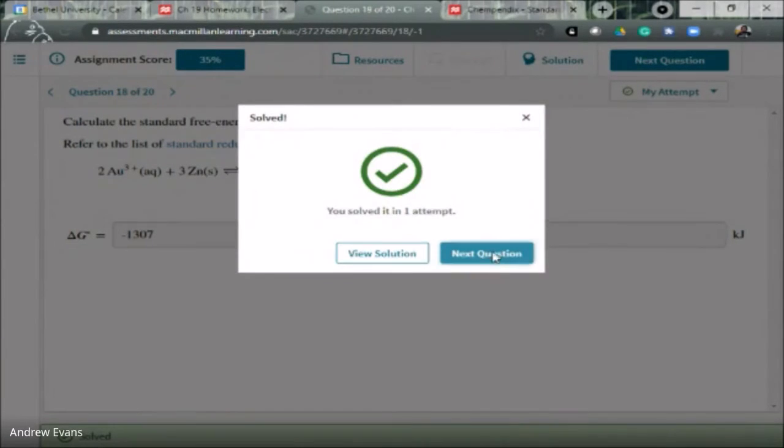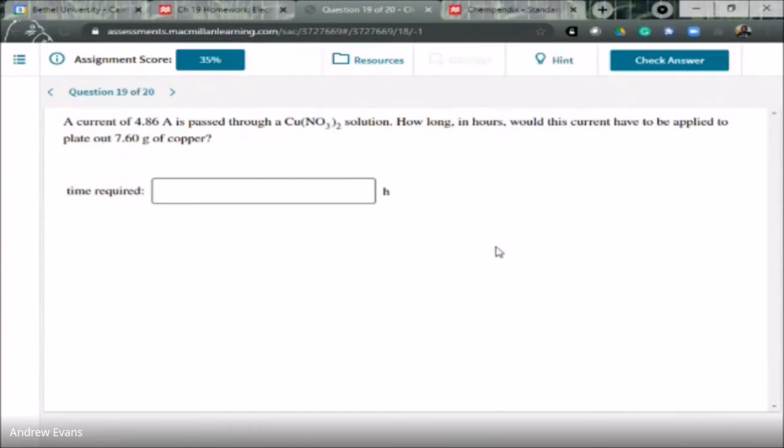Okay. Last question we'll do is a voltage problem. A current of 4.86 amps is passed through copper nitrate. So this is copper 2 plus.